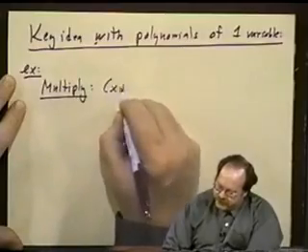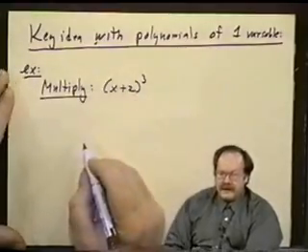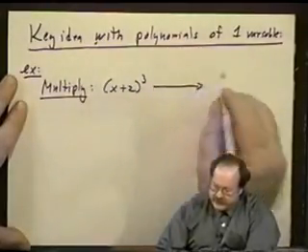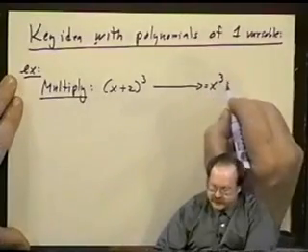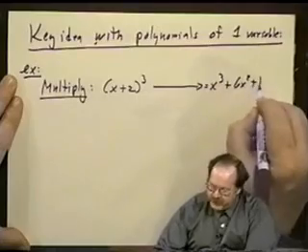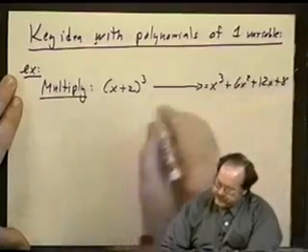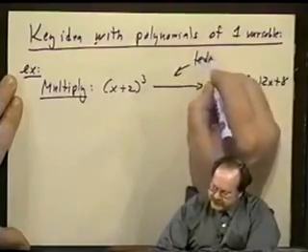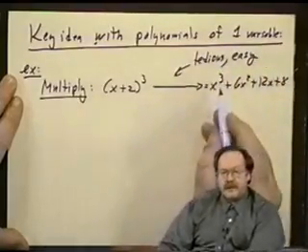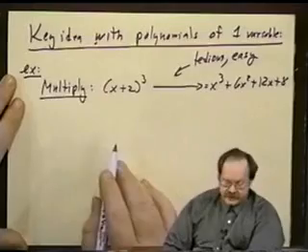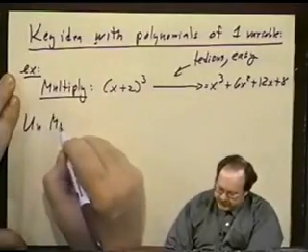Multiply. If I give you x plus 2 cubed, again, it is kind of tedious, but not hard to get this equal to x cubed plus 6x squared plus 12x plus 8. So again, tedious, but easy. Especially if you remember the formula for cubes that we did in the last section. Unmultiply.